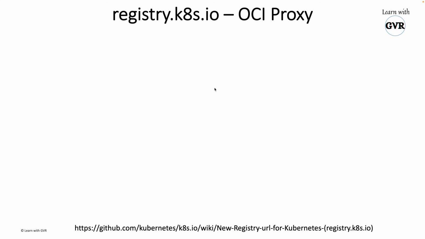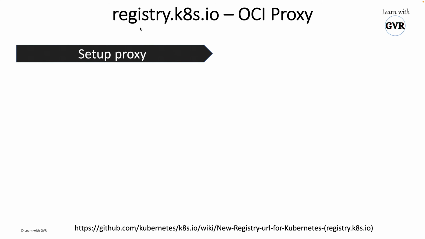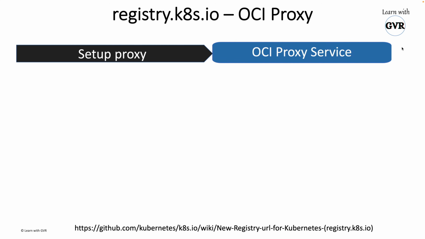And how the new registry differs from the old registry is that they set up a new proxy called OCI Proxy. This OCI Proxy is in front of the registry. Proxy means anything you hit, the proxy first takes the request and passes it to the actual registry, right?